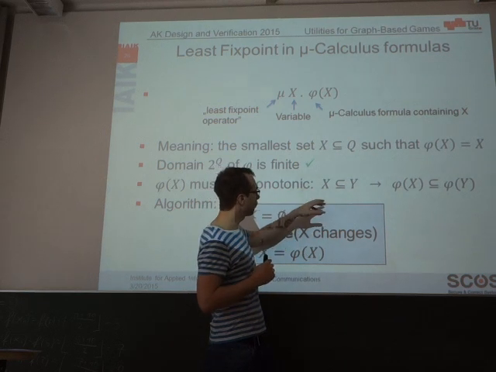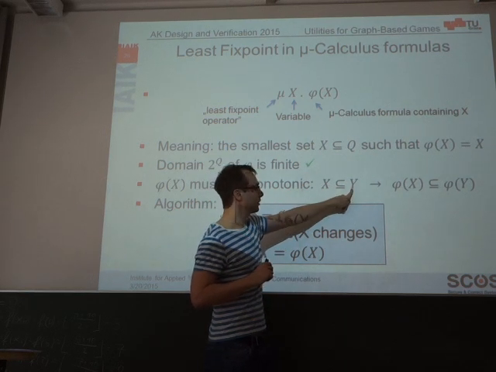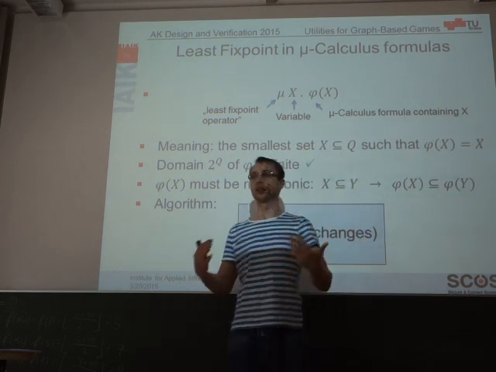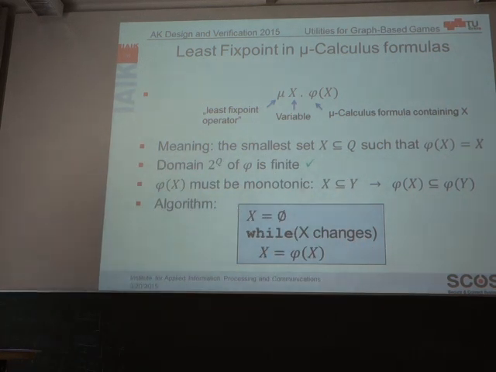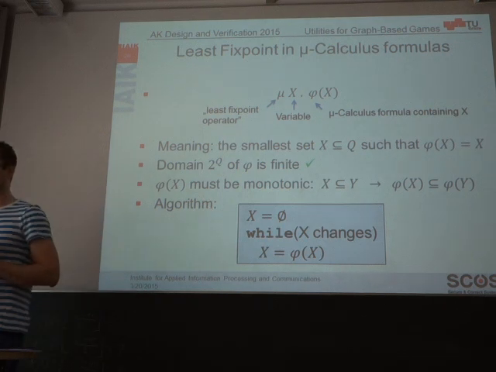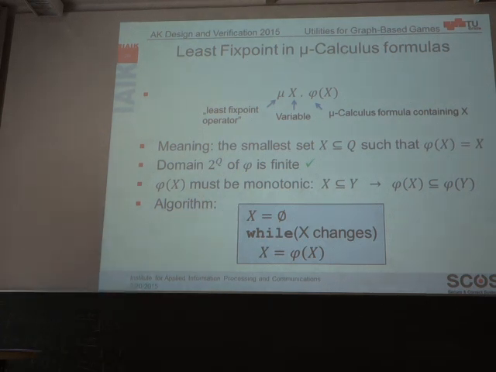Or the other way around, if we put a larger set y into the formula phi, then the result will also be larger, it cannot be smaller. So this is an assumption that we have to check before we apply this algorithm to compute the meaning of a fixed point operator.